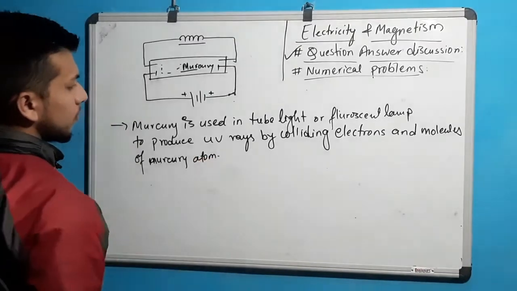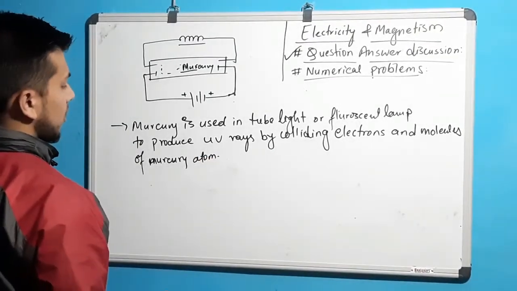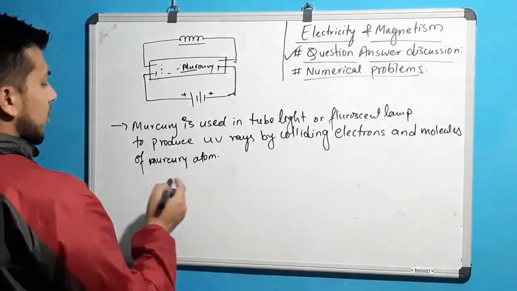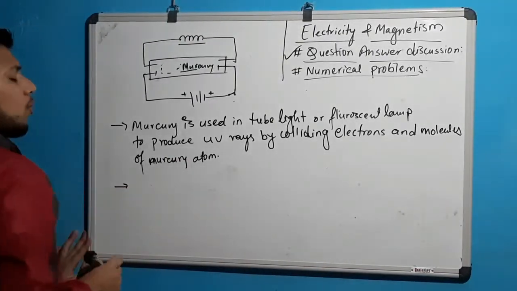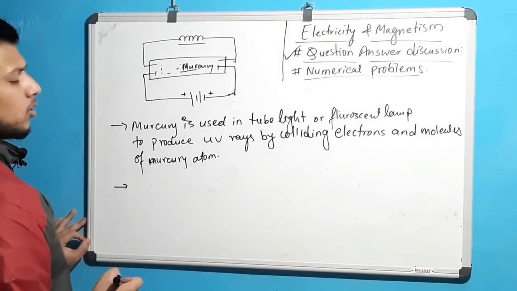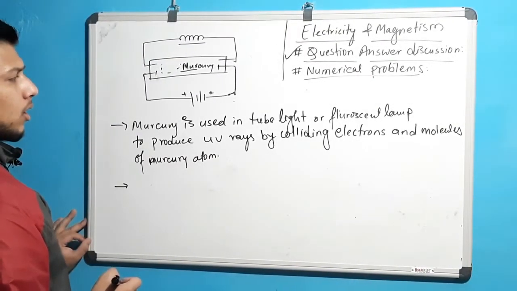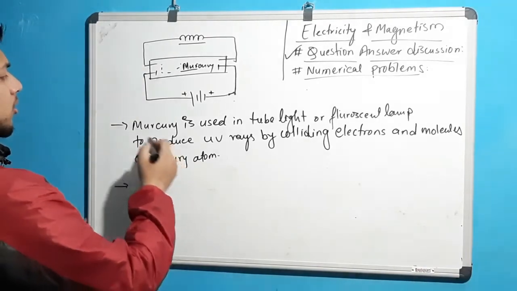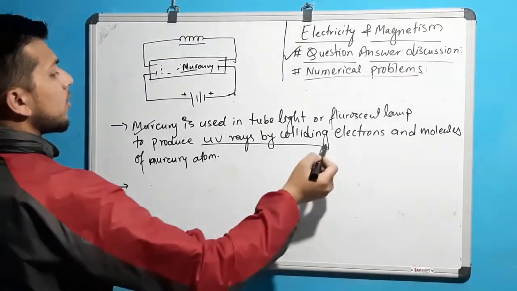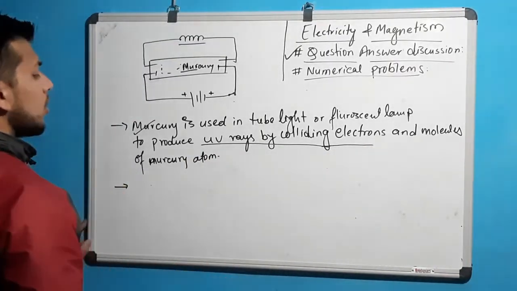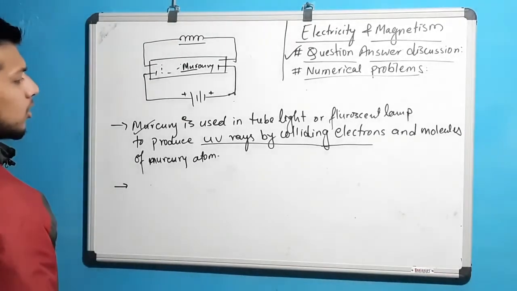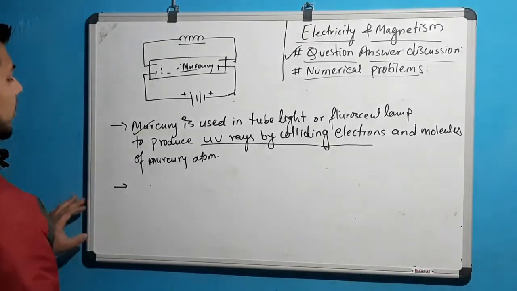This is how we get UV rays from mercury. Then a question may also come, why is fluorescent powder used in a mercury lamp or tube light? Mercury is used to produce UV rays by colliding electrons and mercury atoms.